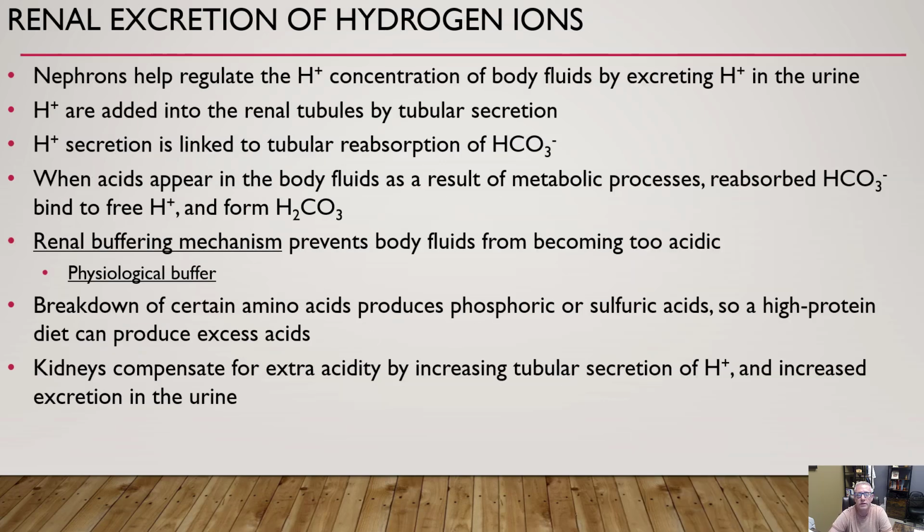All right. Renal excretion of hydrogen ions. This is our third one. Remember from the kidney chapter, we learned that hydrogen ions are actively secreted throughout the entire nephron, and the hydrogen ions are excreted in the urine. We really didn't learn what gets secreted where and what gets reabsorbed where.